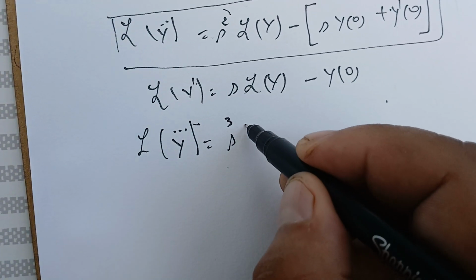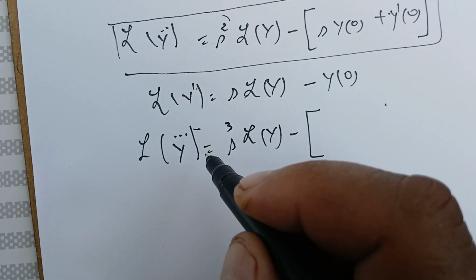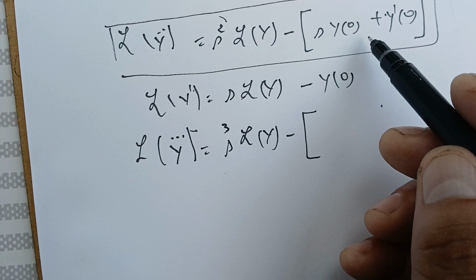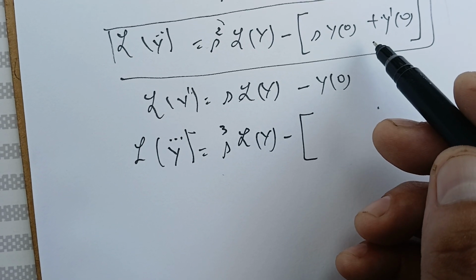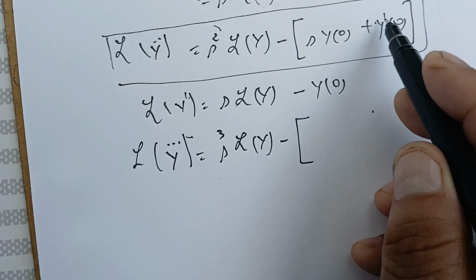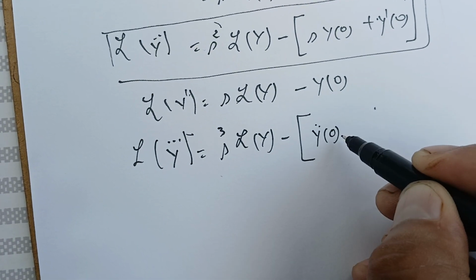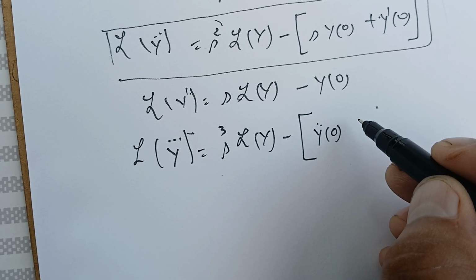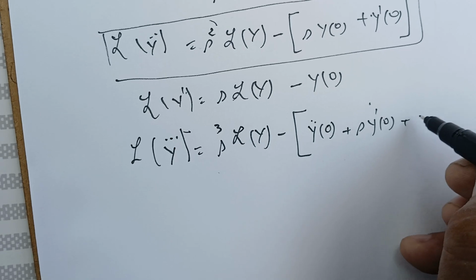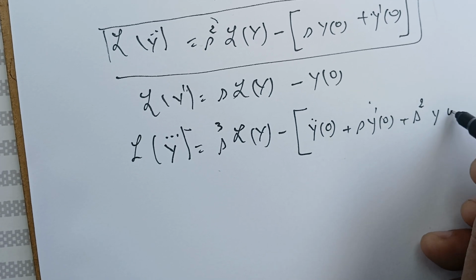So it's going to be s cubed L of y minus, and note that in this case, if we expand, the derivative doesn't have a power, and here it's the second one, plus s y'(0) plus s squared y(0).